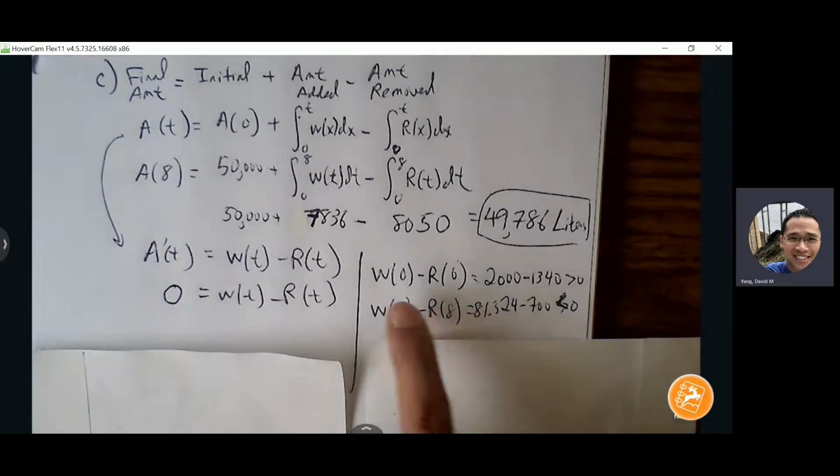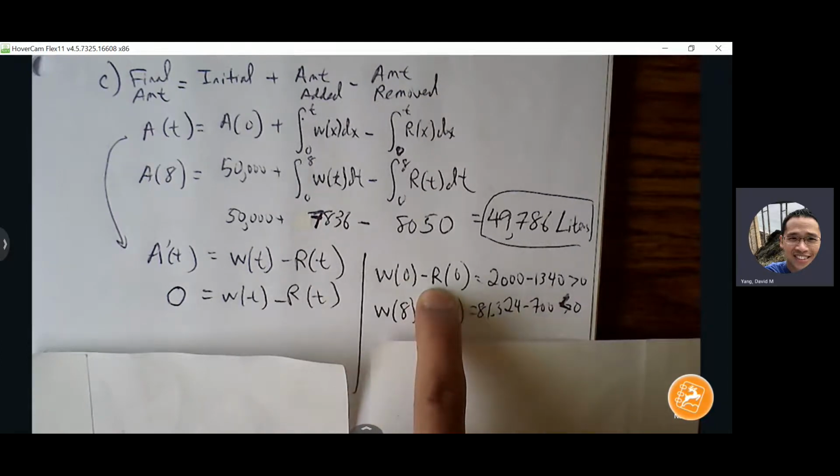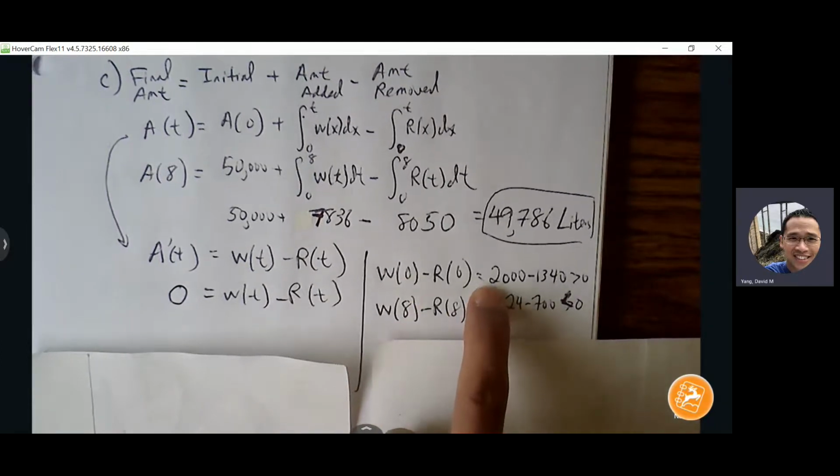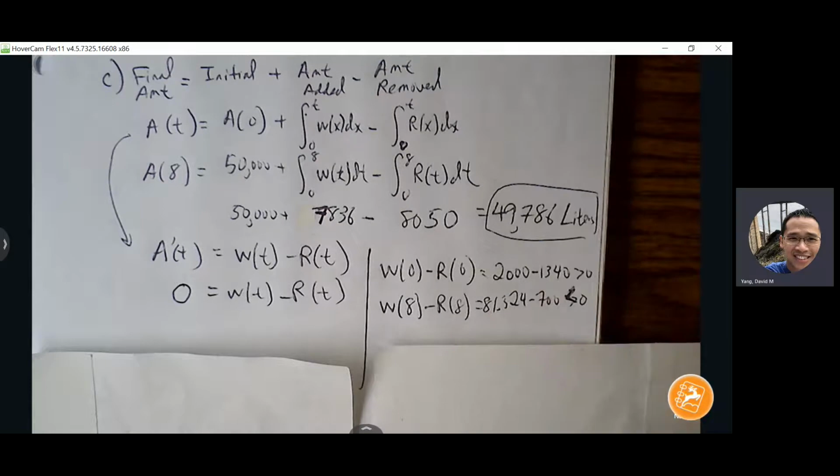So if I find the rate at which water is entering at 0 and the rate at which water is leaving at 0, 2000, that can come from the calculator, and then the 1340 is coming from the table. If I subtract that, I get a positive value. So that means at the beginning, water is rising, because my rate is positive.